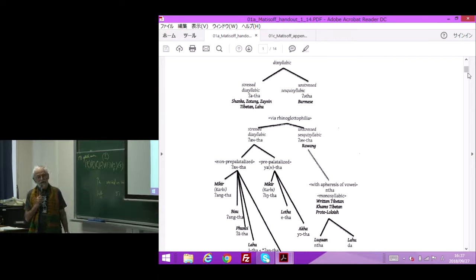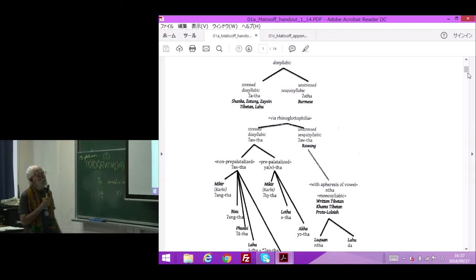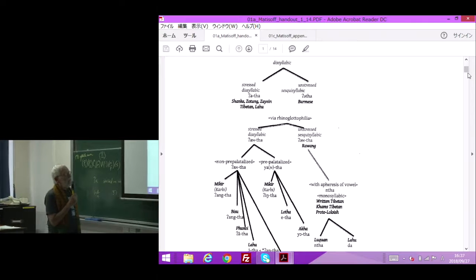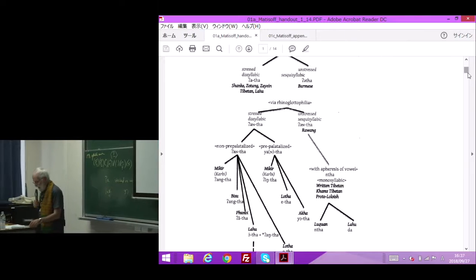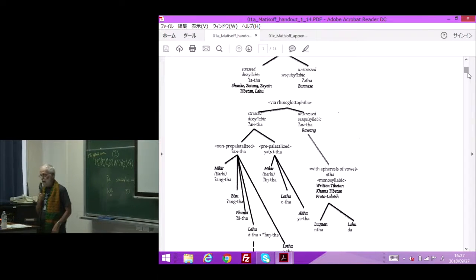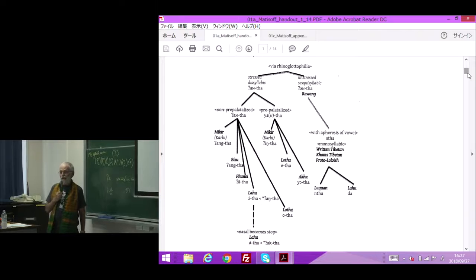It sometimes converts verbs into nouns, but sometimes it's just there for phonological bulk, to give the word greater phonological power. Now here comes something that some people might find hard to accept. There is a phenomenon which I called rhinoglotophilia in an article written back in 1975.